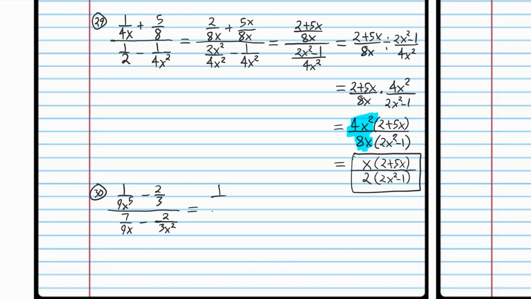Multiply both sides of this fraction by 3x to the fifth. And multiply both sides of this fraction by x.